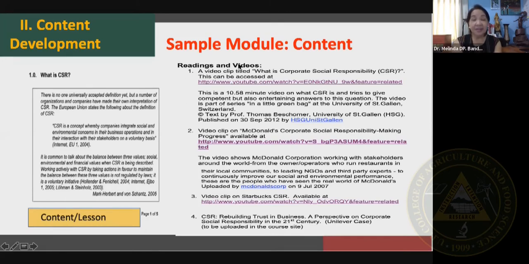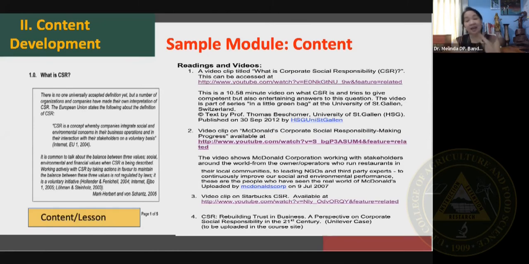So I have here video materials, puro pala ito, except for this one, which is a text material. Most of the materials I provided in terms of the content are in the video format. So yan yun. Para maintindihan nila, makita nila yung mga specific cases. So like for instance, this one, McDonald's Corporate Social Responsibility Making Progress.